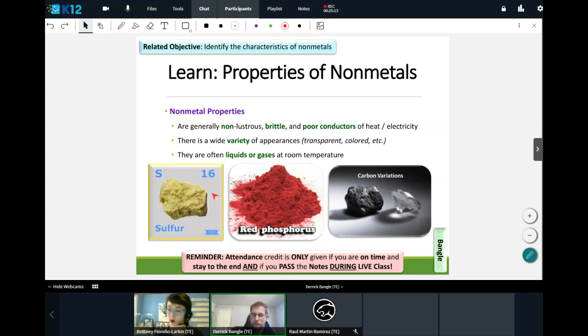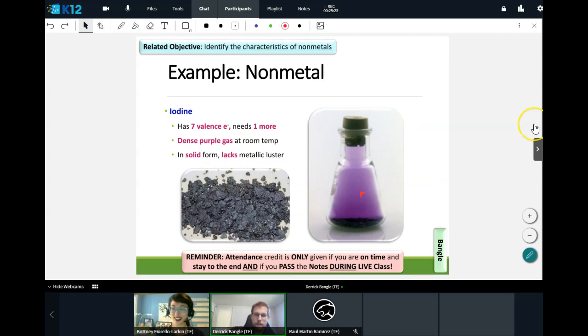Sulfur is always fuming, and that's because it's giving off a gas of itself that you're able to smell in the air. So here for iodine, it has 7 valence electrons, which means it always needs 1 more to complete that octet. The vial here is what you'll typically see it stored as.